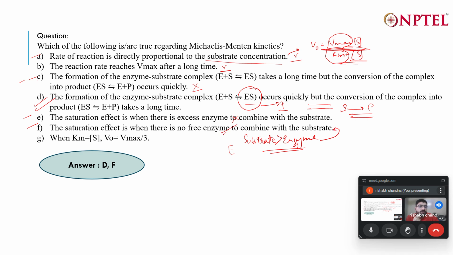That means the F option. And when Km is equal to S, then V naught is equal to Vmax by 3. No, this is false, because when Km is equal to S, then V naught is equal to Vmax by 2, that means half maximum velocity. So the correct answer is option number D and option number F.